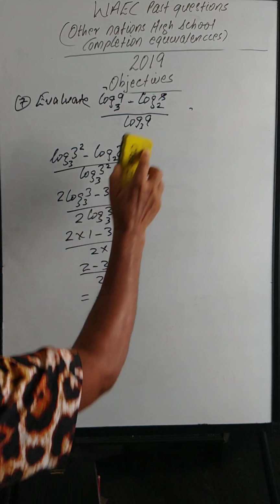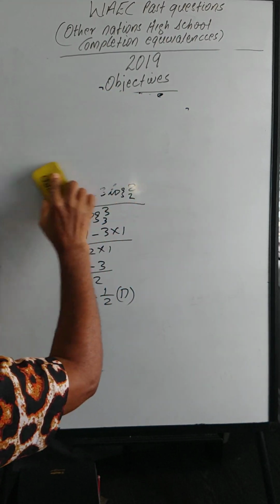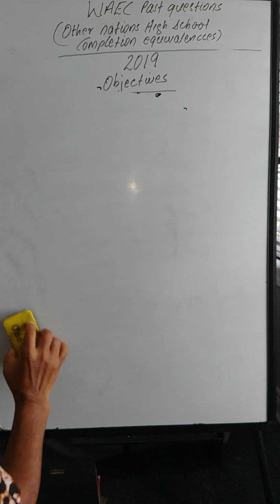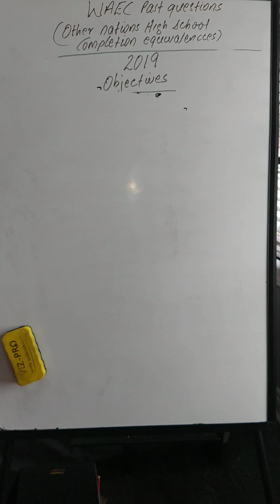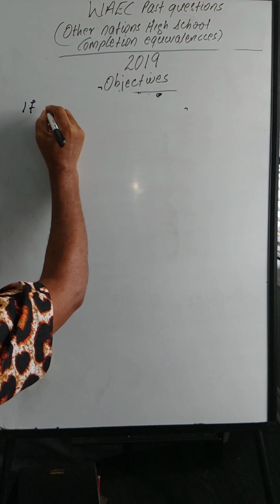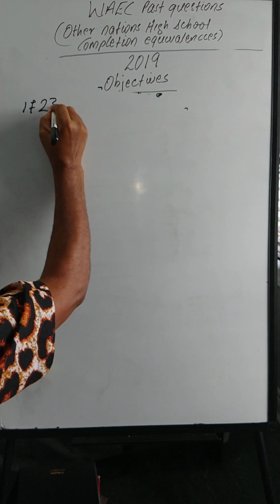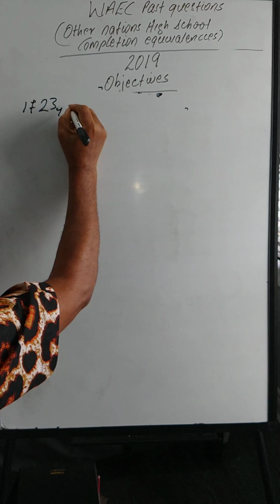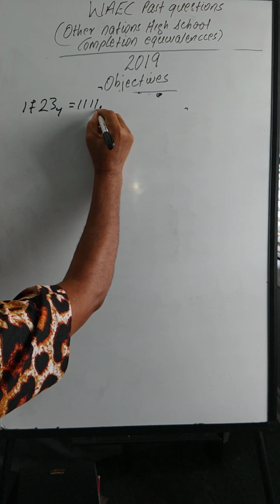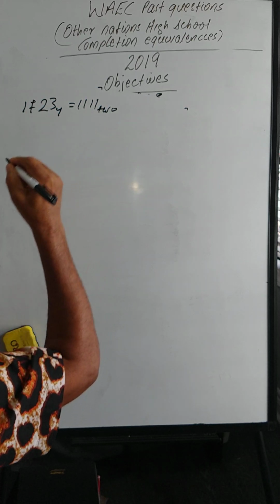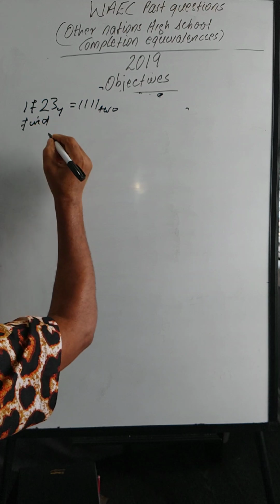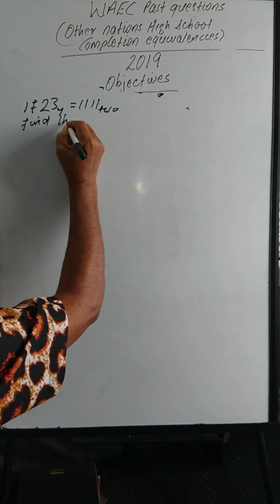Number 8, let's clean the board. Question number 8. We are told that if 2, 3y, this y is equal to 1111 base 2, we are expected to find the value of y.